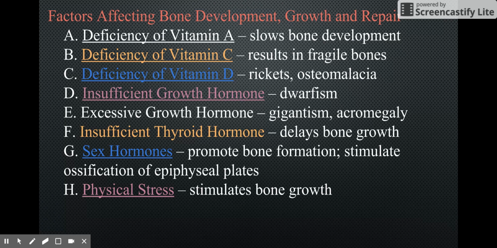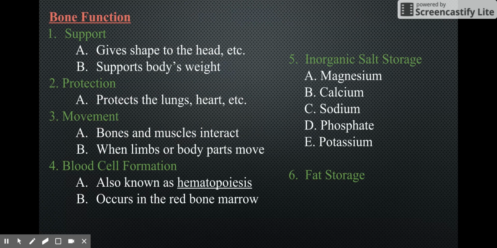And then the hormones produced during development that relate to our sex hormones are going to stimulate different development in those bones for the hardening of them. And of course, physical stress. If you break a bone, obviously your bone wants to heal itself, so it'll start growing. That's why it's very important, especially with a major bone, to get it reset properly, or it's going to grow improperly and cause more issues.